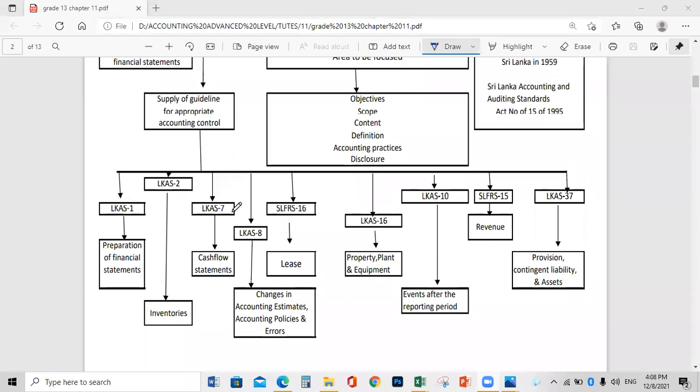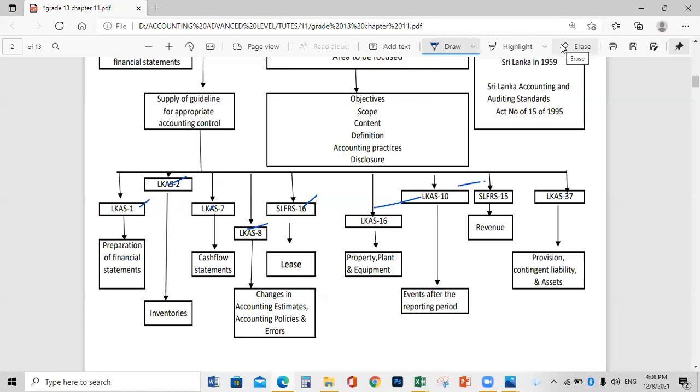If you don't follow, guys, you're going against the law. You have to follow them if you're a limited liability company. So in order to prepare financial statements following accounting standards, you need to know what these standards are. That's what we are going to study. If you see these, there are 1, 2, 3, 4, 5, 6, 7, 8, 9.